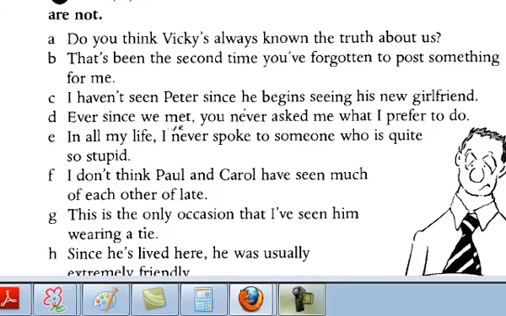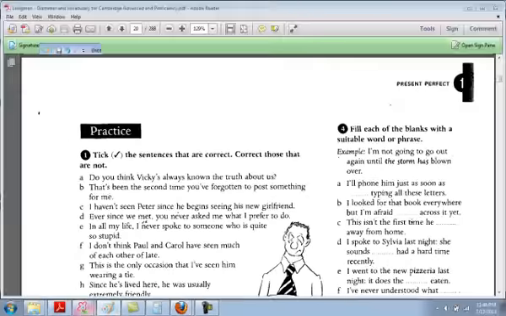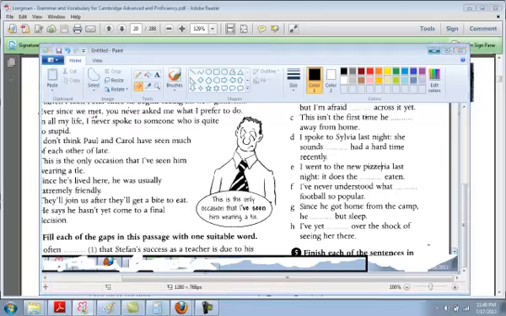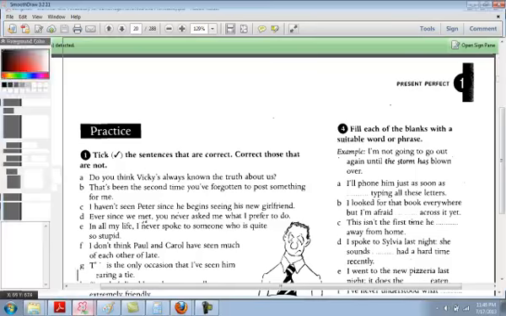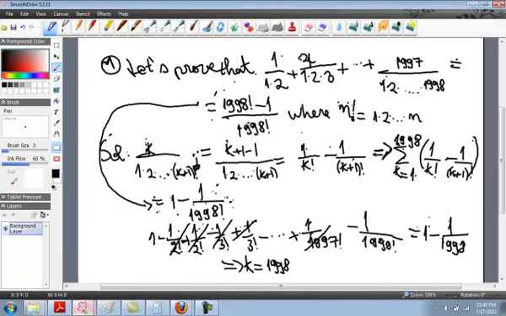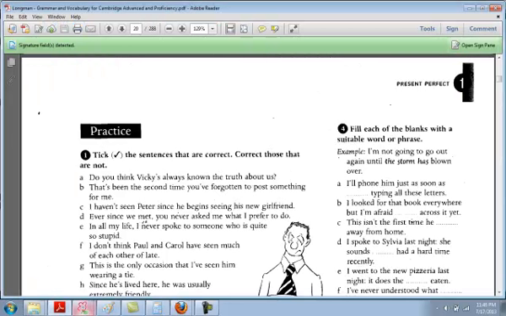So let's begin with introducing the tenses, more exactly the past tense and the present perfect. When do we use them, and what significance do they have?